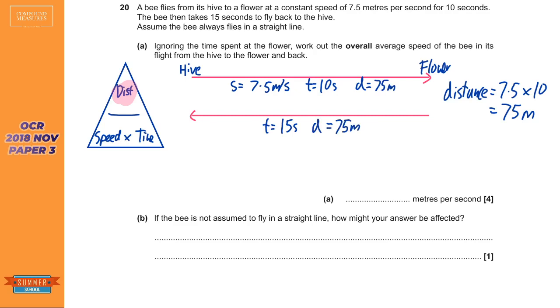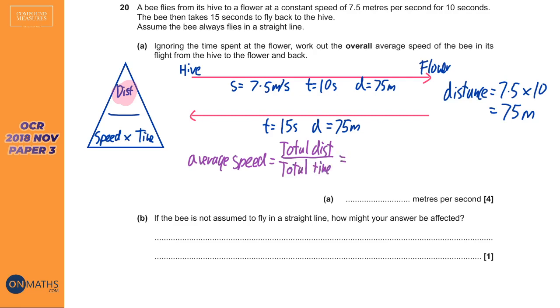To work out the average speed, we need total distance over total time. We just use our triangle at the side there, which says distance over time, but it's going to be total distance over total time.